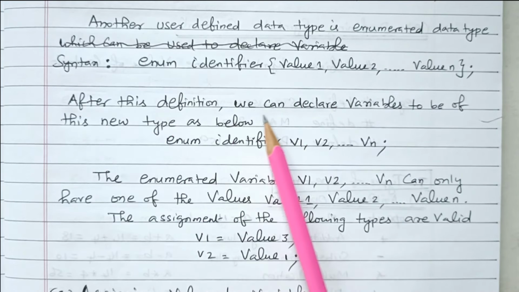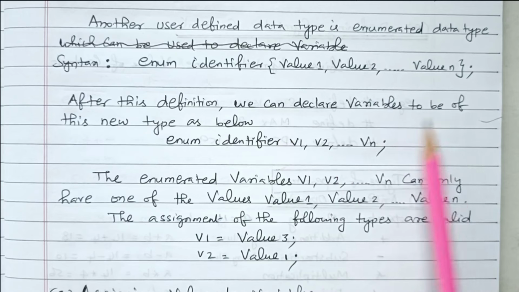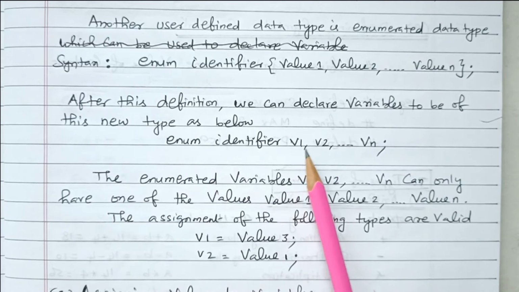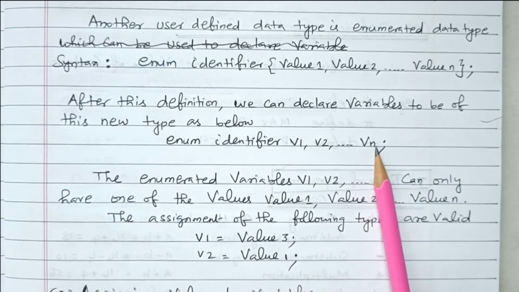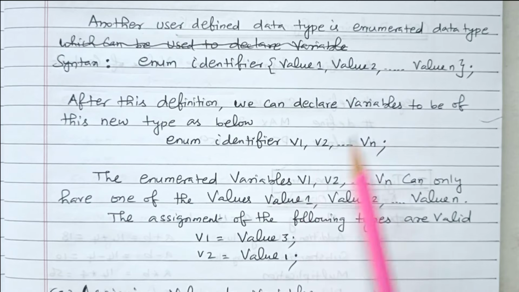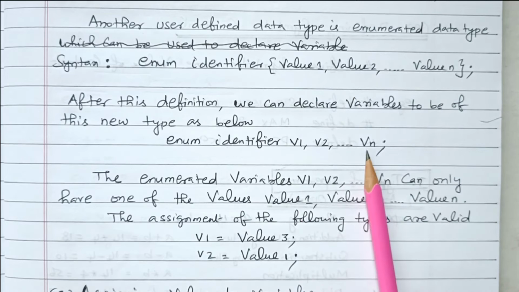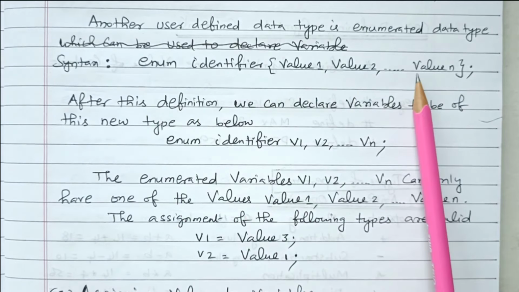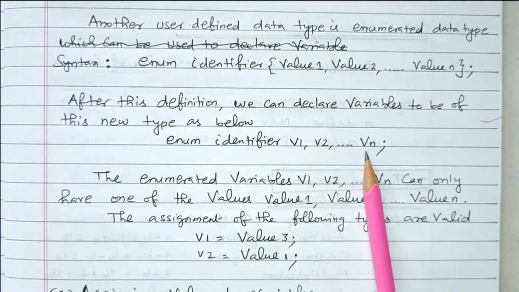After this definition, we can declare the variable to be of this new data type. That is enum identifier v1, v2, vn. What is the meaning? Value1 is stored in v1, value2 in v2, valuen in vn. So first we are declaring the values here. Those values are stored in these variables, right?